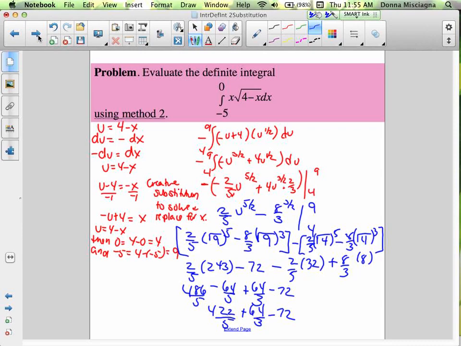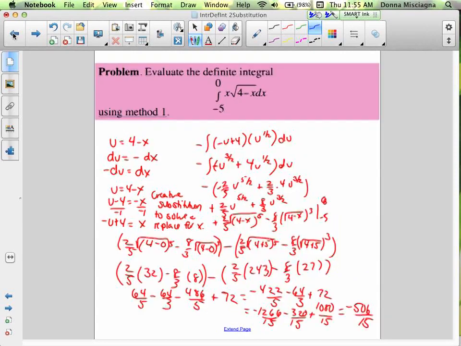Do we have a sign difference here? Oh no, it's the 72 that's going to make everything negative. So we have the right signs. What did it equal from yesterday? All right, so the final answer was negative 506/15, right?